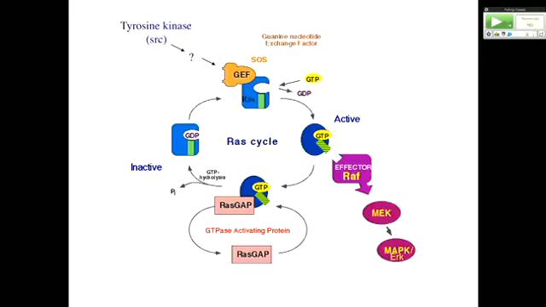Okay? So the normal growth control pathway, where no mutations exist, lies in a tyrosine kinase upstream of RAS, and downstream of RAS, a kinase cascade, a cascade of 3 kinases, one activating the next by phosphorylation.